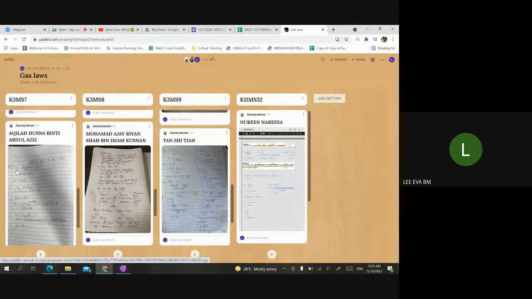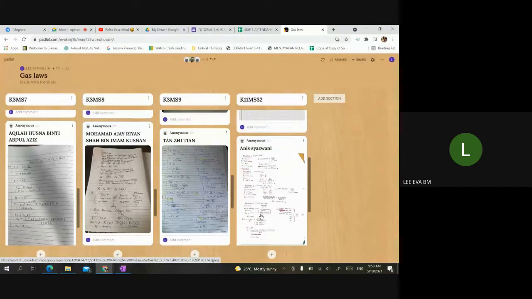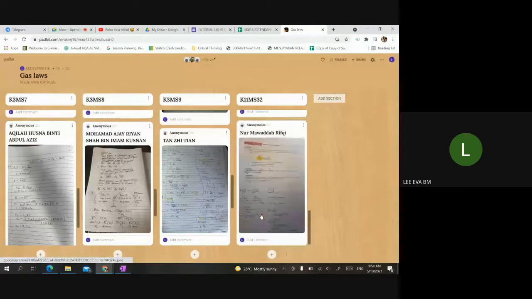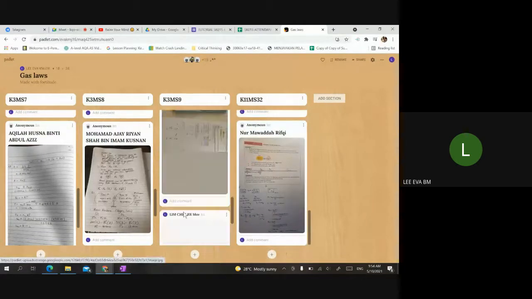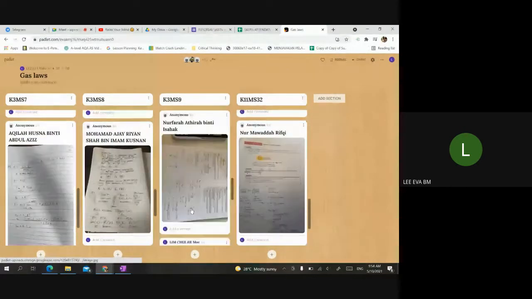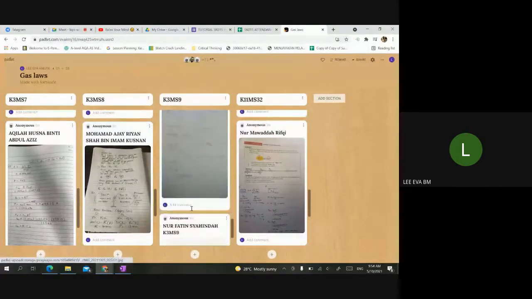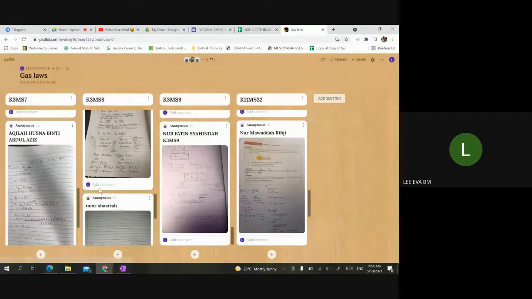Actually, just to make sure you write down the abbreviations, NH2, let's say. And the rest of you also the same lah. Okay, Anis one. Shafika. Mawada. Farah Tira. TJ. Fatin.